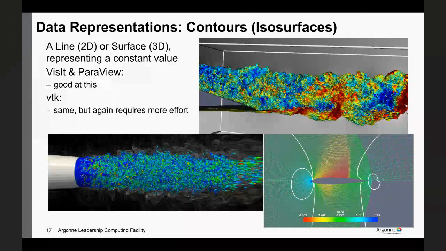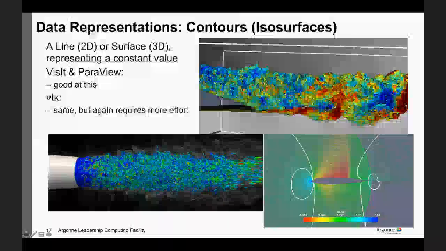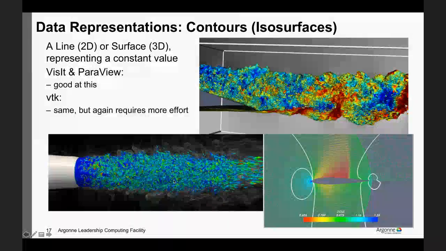So there are several surfaces and they're colored by the value of that surface. In contrast, in the lower image there's actually just a single surface. We're isosurfacing, taking the surface from a particular data field, and then coloring it by a different field in that same data set. So this is actually showing multiple different variables at the same time.